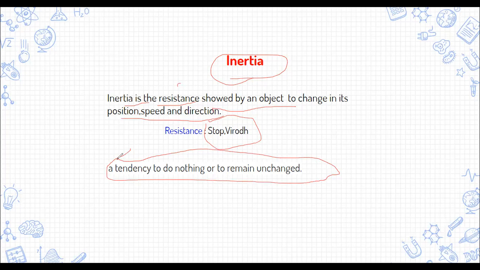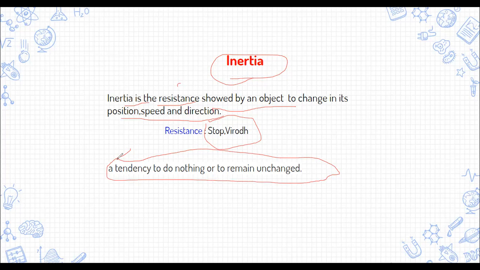Inertia means a body, an object, it can be your body also, likes to stay the way it is. For example, if your body is at rest right now, I am sitting comfortably, I want to be at rest, I don't want to be changed. This is inertia. Inertia is resistance, opposing change, saying I don't want to change. Whenever someone wants to change me, I will stop it.